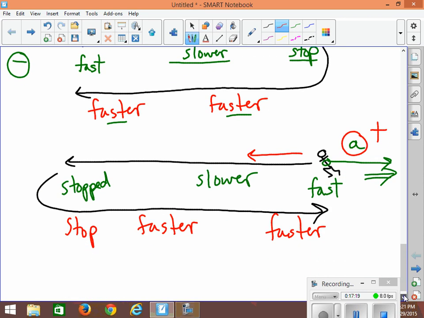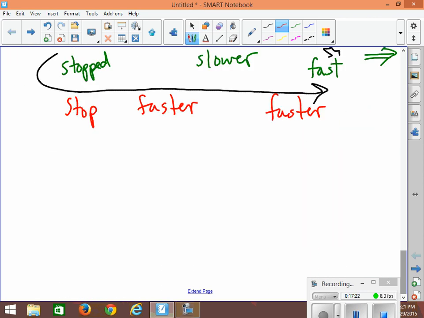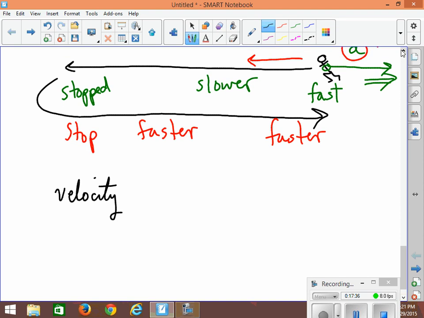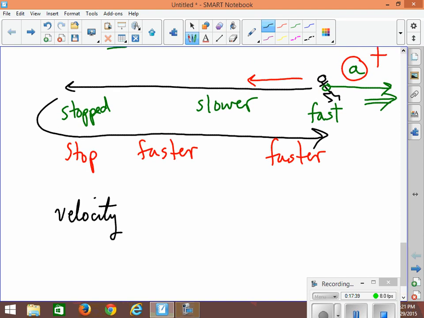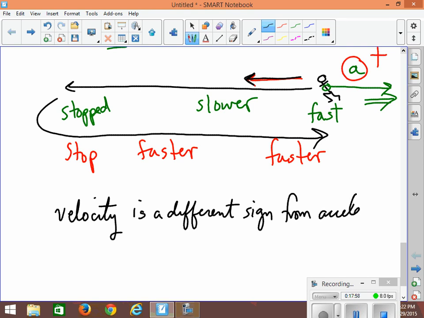Another little trick you can use to help you when you're trying to look at problems is to look at your velocity. Right, if we look at our picture right here, if our velocity is to the left, see this guy going left here, then our acceleration is to the right. So if velocity is a different sign, or is opposite, it's different from the acceleration, guess what that means?